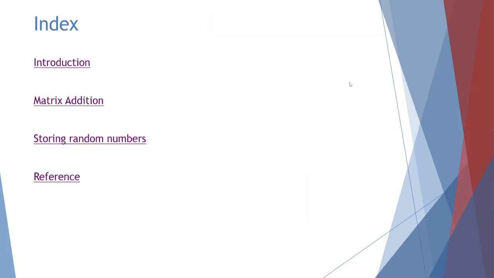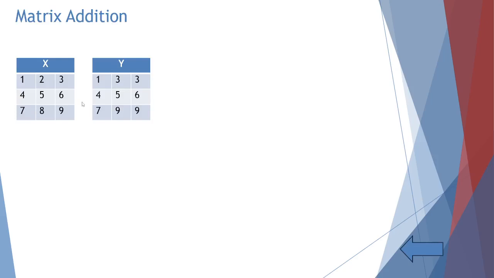Now, what is matrix addition? Let's assume there are two matrices X and Y. Elements are already there. In that case, the Z matrix will have the addition of X and Y. That means each element will be added from X and Y and stored in Z. How?